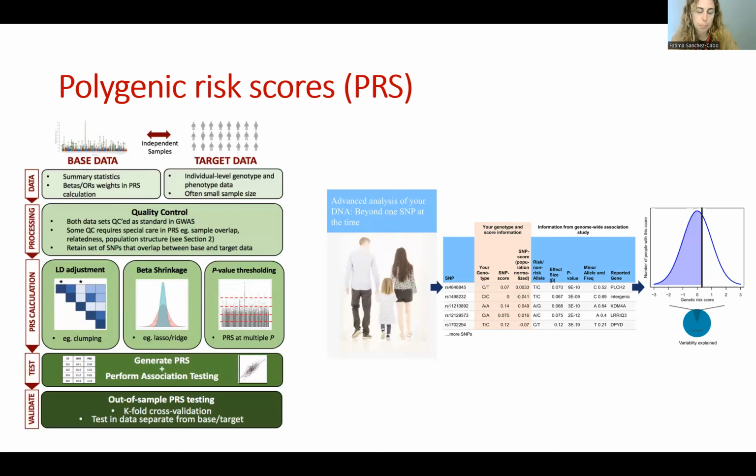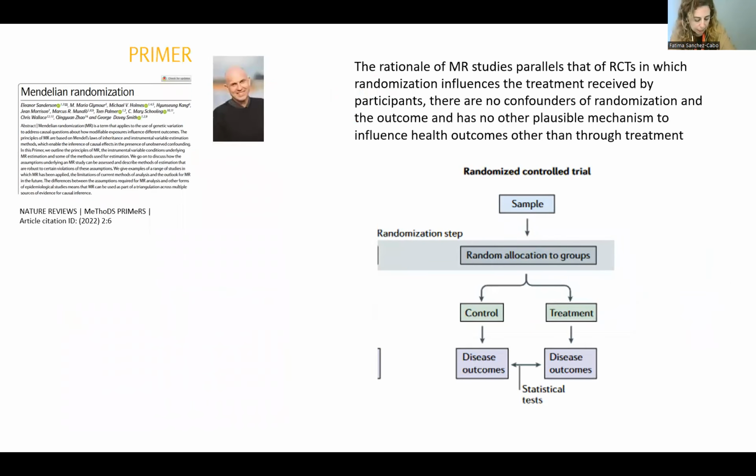Might be more robust. So coming already more in detail into Mendelian randomization, this is George Davey Smith, epidemiologist from the MRC in Cambridge. He's one of the most active in the field in the last years, and I strongly recommend this review in Nature by him and by Eleanor Sanderson also.